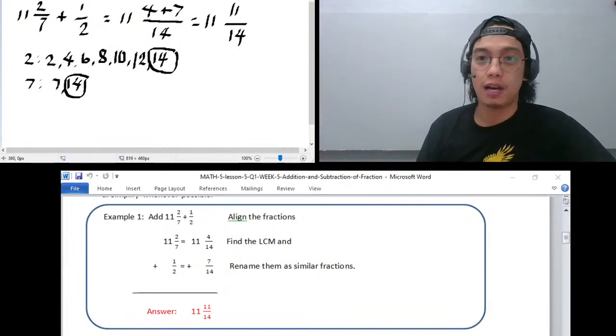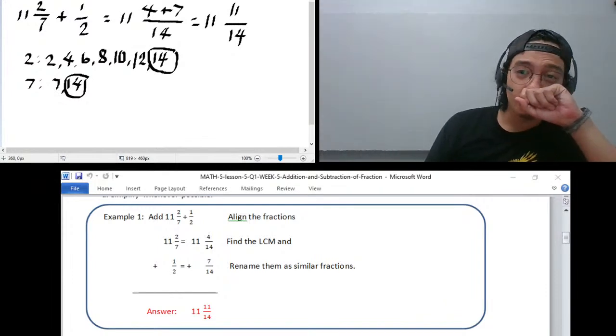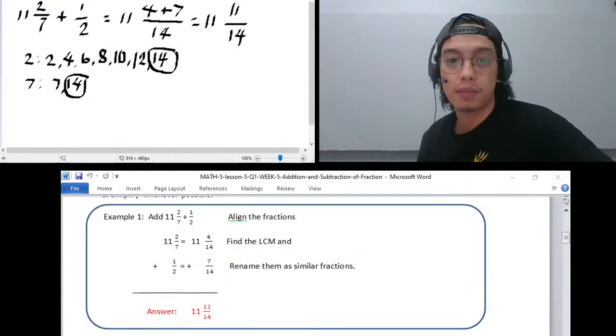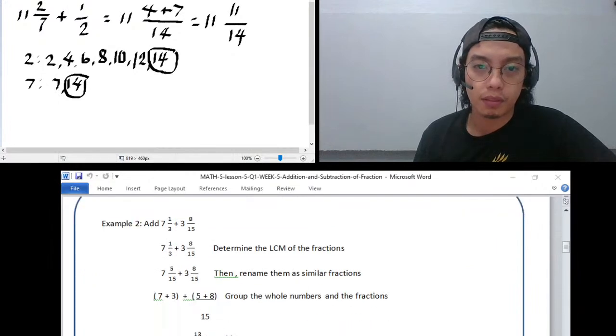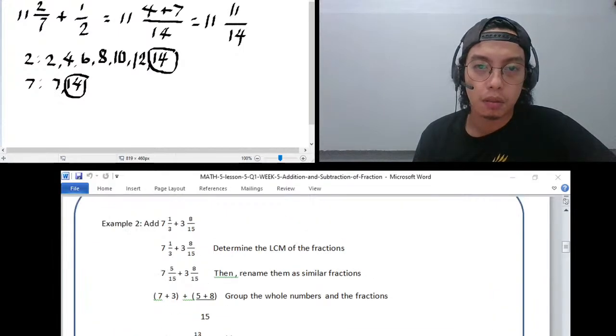So if we have different denominators, you get the LCM. Let's try to have another example. Let's try to answer this one.